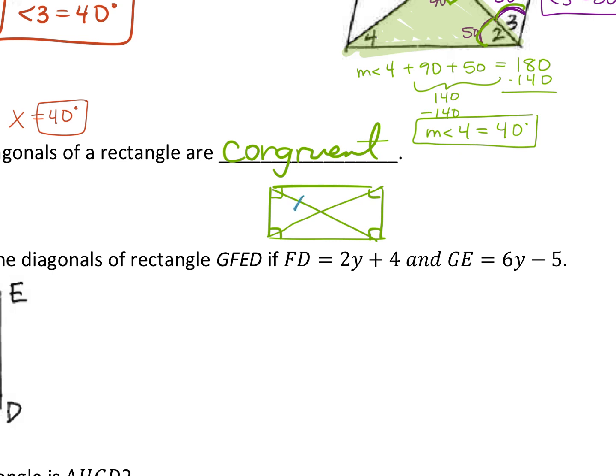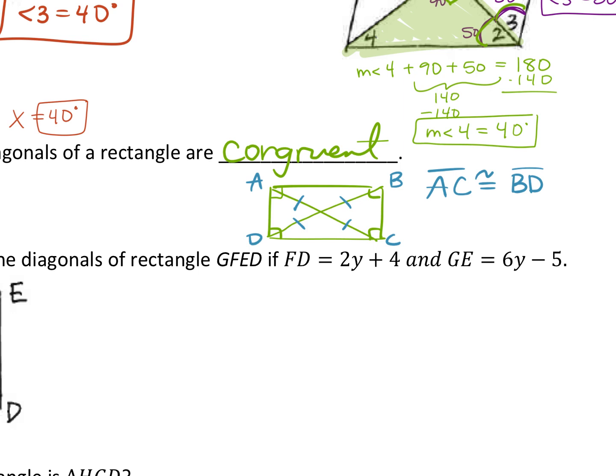If this is A, B, C, D, I know AC is congruent to BD. The whole diagonal is congruent to the whole diagonal.